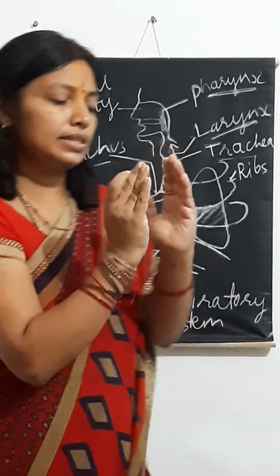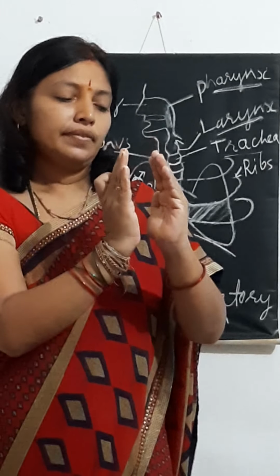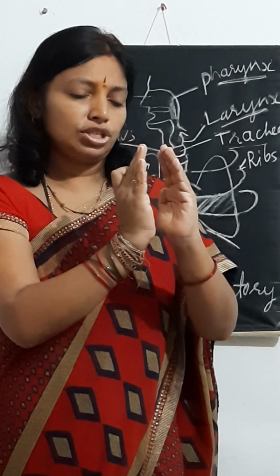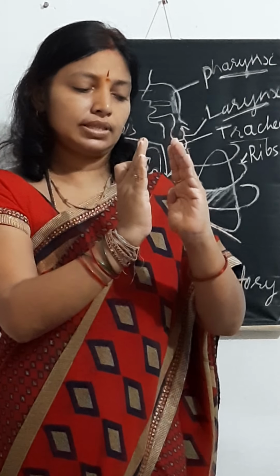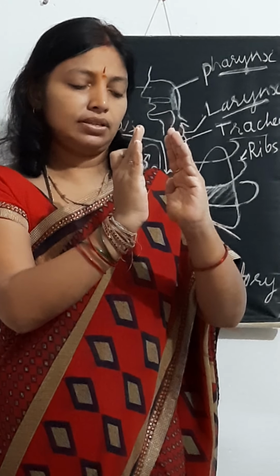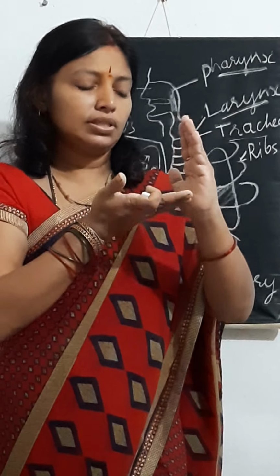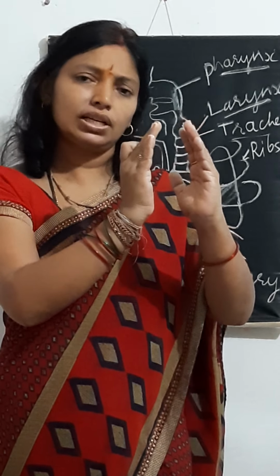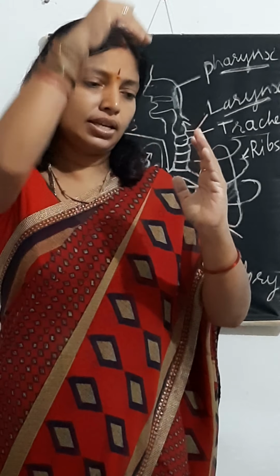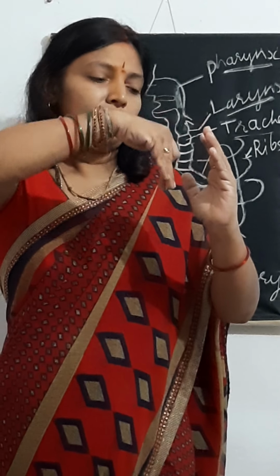If I show it sideways, the rib muscles contract and this chest cavity, which is initially like this, gets expanded slightly and gets elevated. So in both ways, downwards and sideways, it expands, so lungs also automatically expand and hence air rushes in.